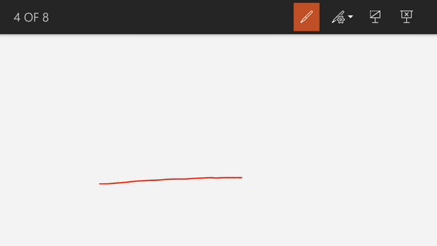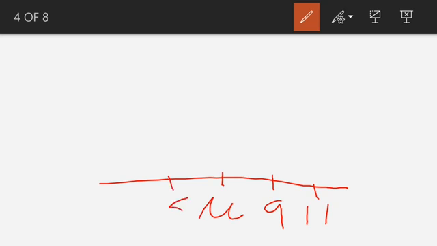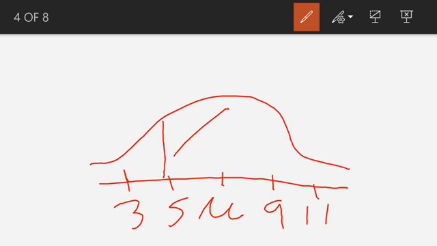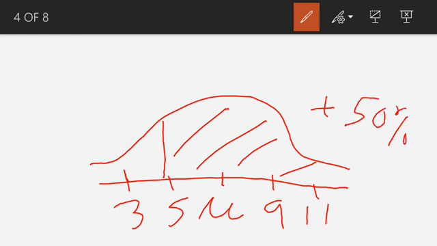But keep in mind that with this kind of problem, we are actually looking at the values to the right of 5. Since it passes the mean, we must add 50% to the area here in order to get the entirety.